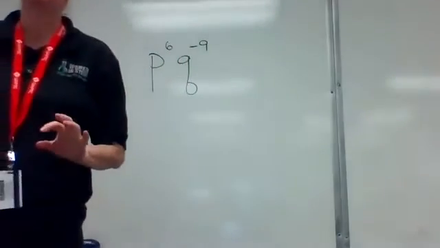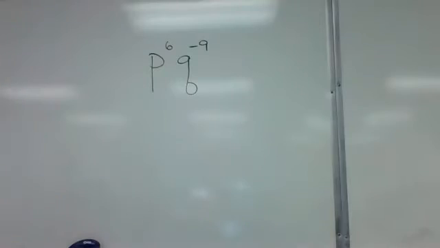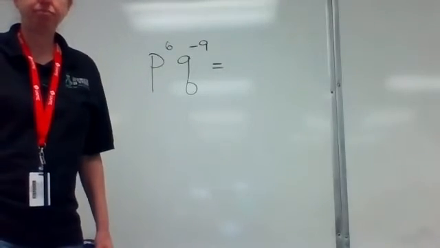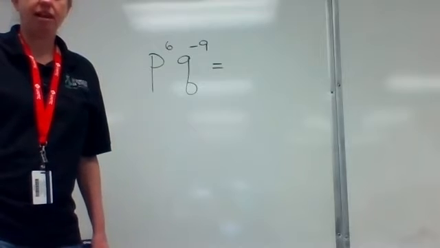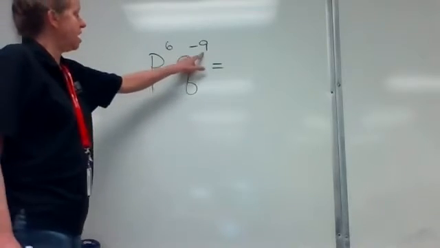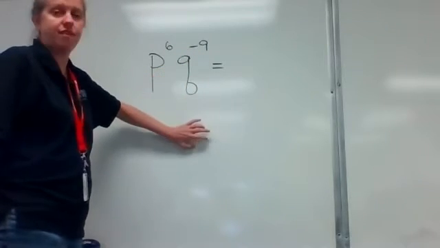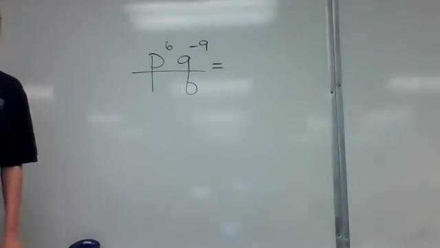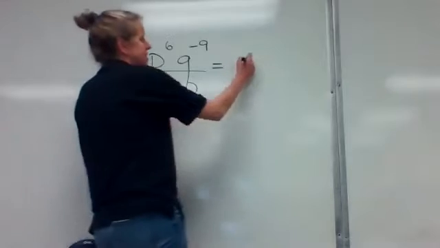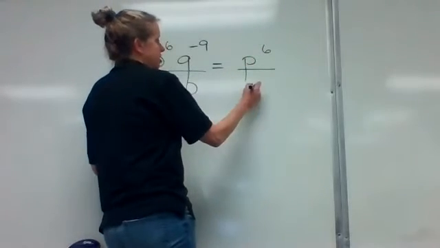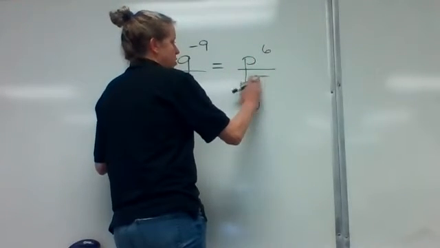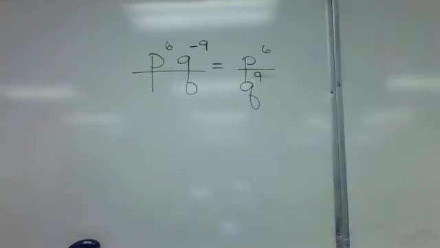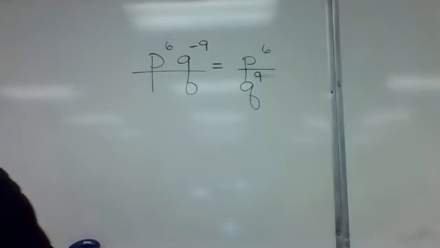You can't leave an answer with a negative exponent, which means rewrite this and put the q, since it's the one with the negative exponent, in the bottom of the fraction bar. So think of your fraction bar as being below it since you don't see it. So p to the 6 is good where it is. The q, moving it to the bottom of the fraction bar, makes it positive 9. So you just have to write it with a positive exponent.